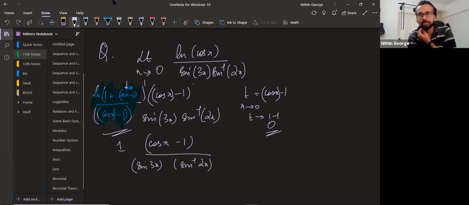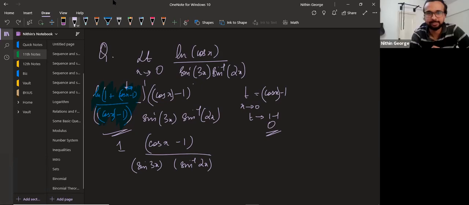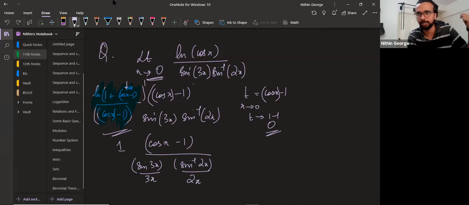Will you get scared by seeing all this? No, right? What happens here? You have sin 3x here. You divide it by 3x. You have sin inverse 2x. Let's divide that by 2x. We already have that x is tending towards 0. Now this 3x and 2x, we pull it out of thin air.